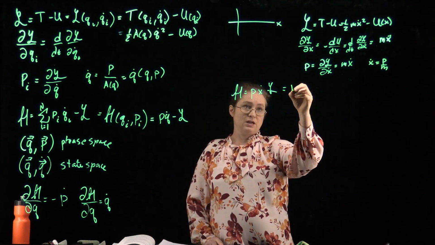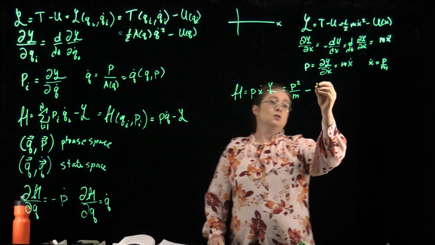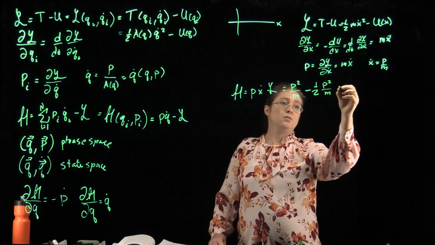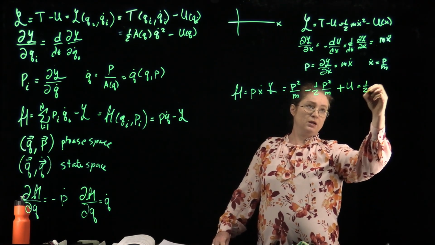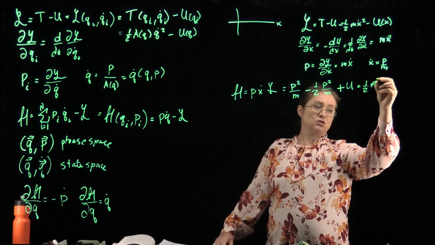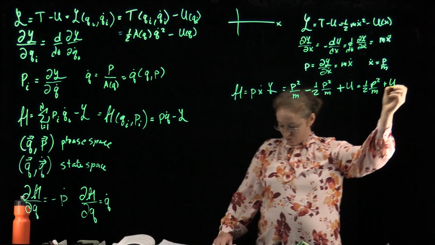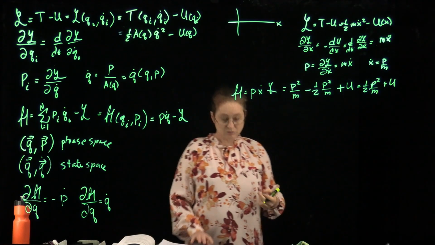So this turns out to be p squared over m minus 1/2 p squared over m plus U, or 1/2 p squared over m plus U, which is our familiar total energy.